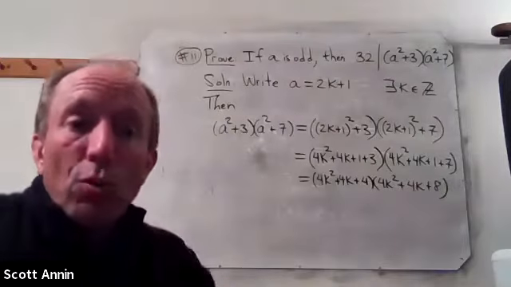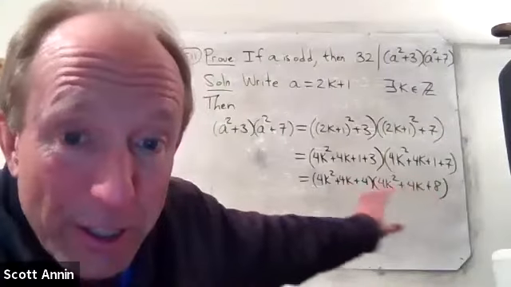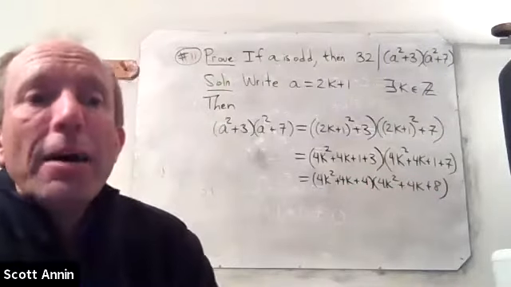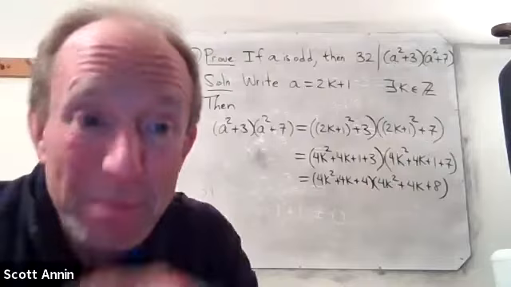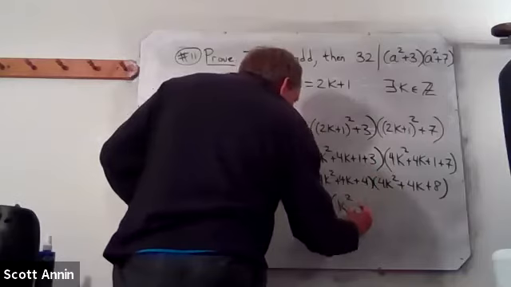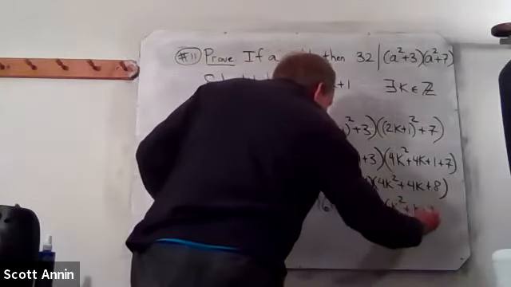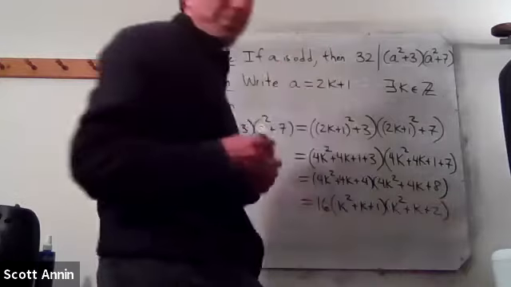And what you probably notice already is that both of the factors here have 4s that can be pulled out, right? So I can actually pull a 4 out of here and out of here, which will give me 16. It's going to leave me k squared plus k plus 1 and k squared plus k plus 2.